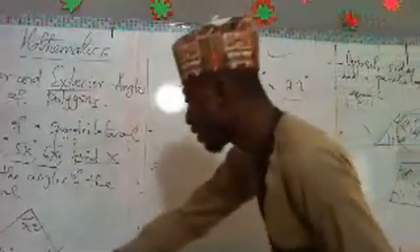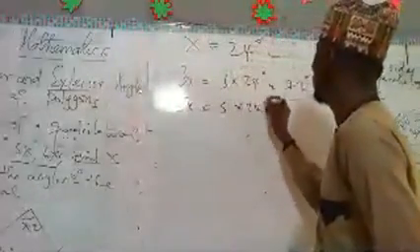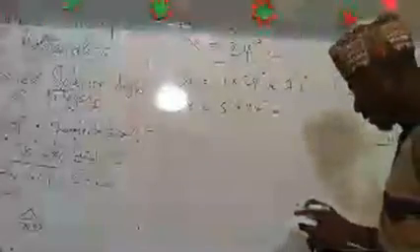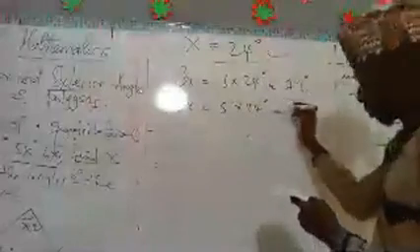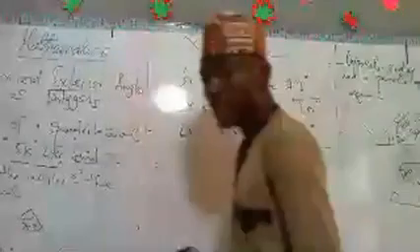The second one, 5x, is 5 times 24. We're using 24 because we have already got it as our x. This will give me 120 degrees. And the last one, 6x, is 6 times 24 degrees, which will give me 144 degrees. Is it clear?